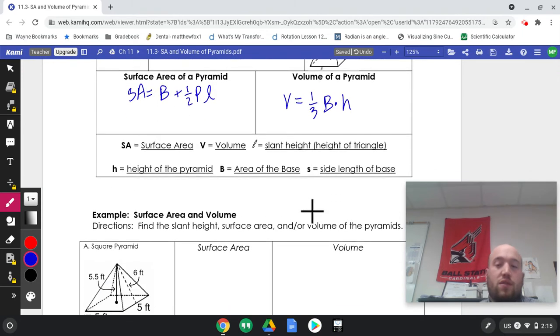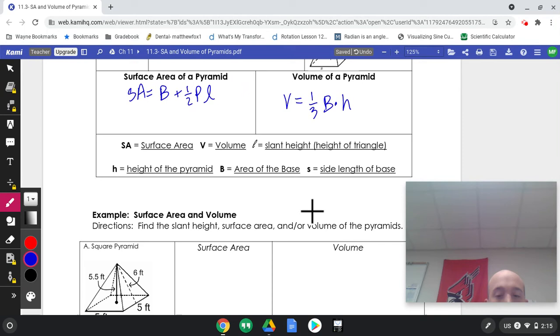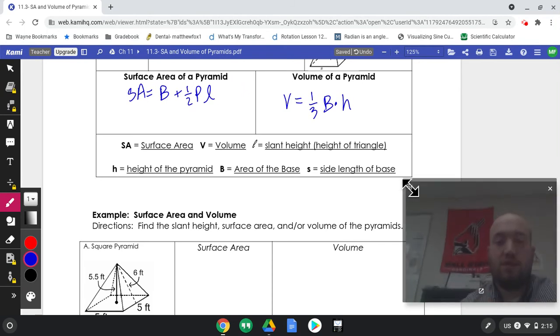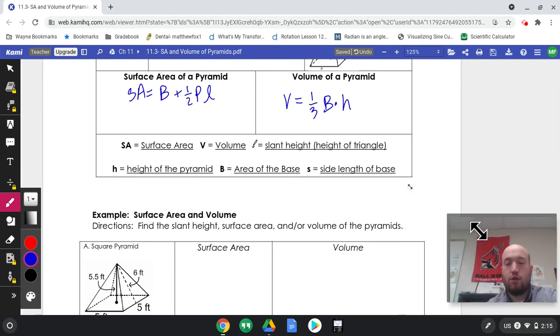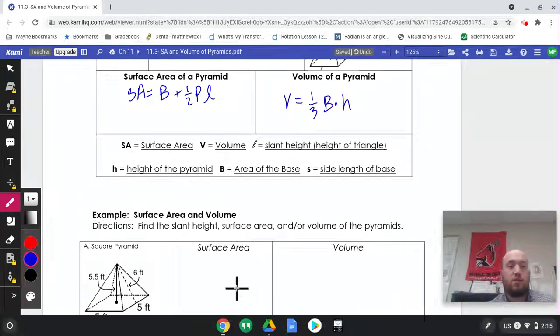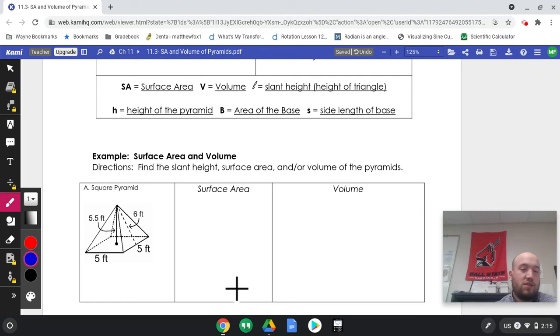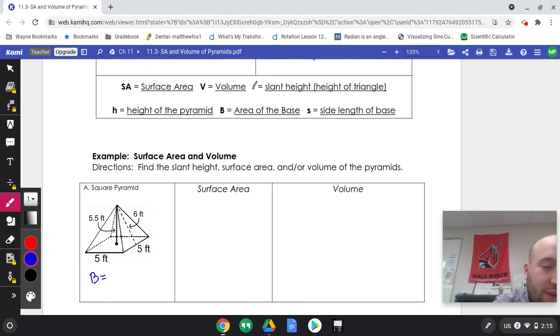But if we're finding the surface area here, so let me make this a little smaller, out of the way again. All right, so surface area, we said it's the area of the base. So the area of our base here, 5 times 5, so that'll be 25 feet squared. So it'll be 25 plus 1/2 times the perimeter. Now if 5 is on each side, 5 times 4, that perimeter is 20.